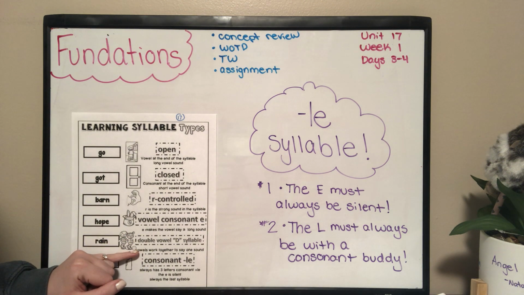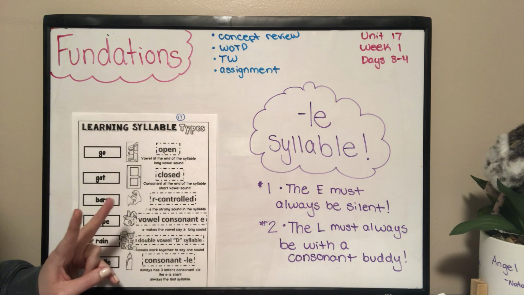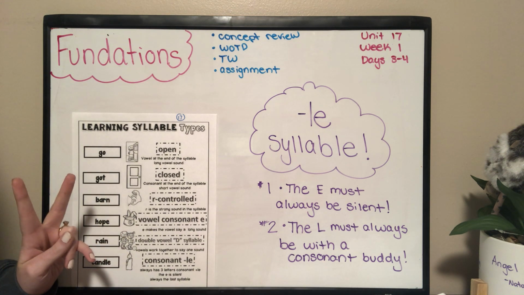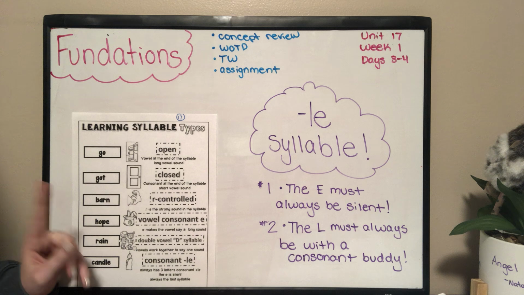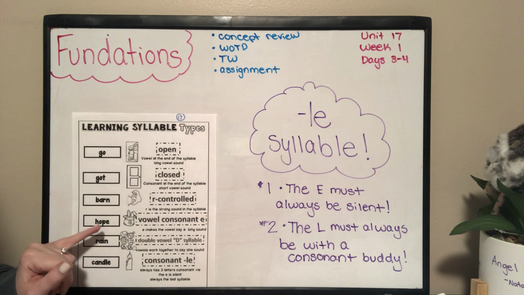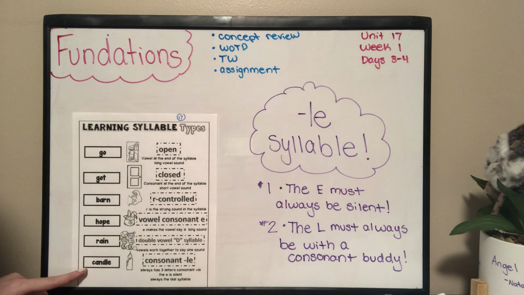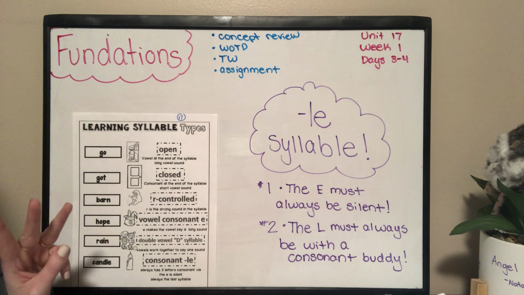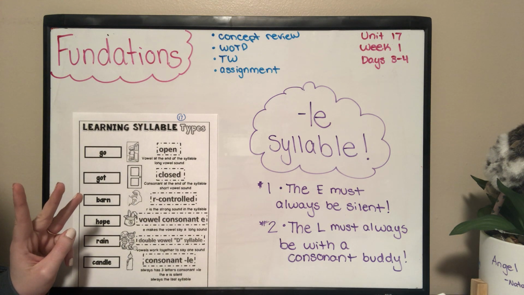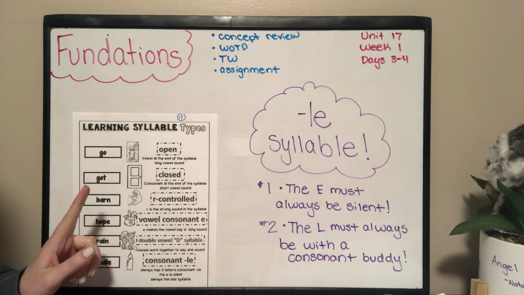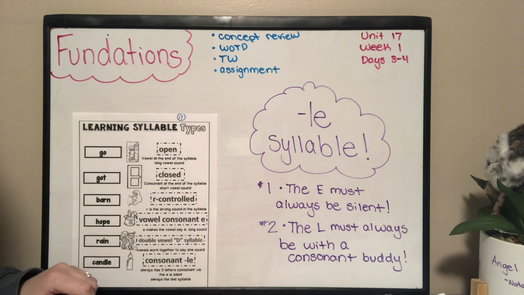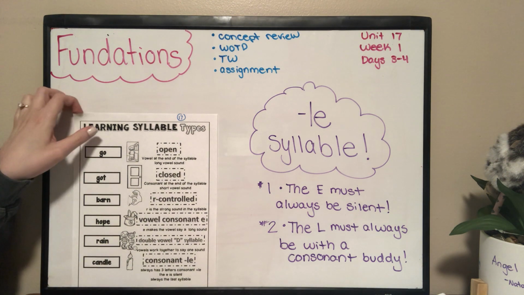Double vowel or a D syllable, the vowels work together to say one sound, kind of like a digraph, but for vowels, not consonants. And that could be the beginning, middle, or end. And we are working on right now consonant LE syllables. So there are always 3 letters in a consonant LE syllable. E is always silent and always the last syllable in a word. Okay?